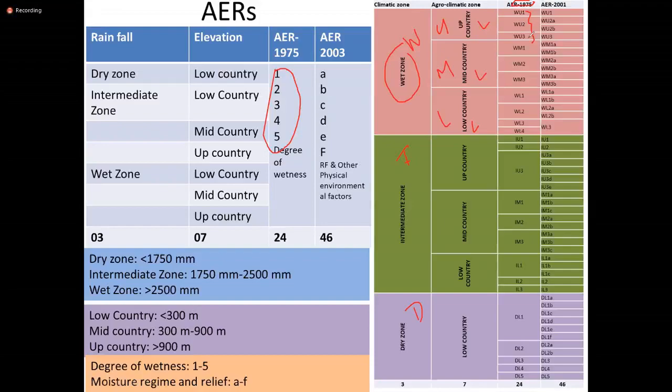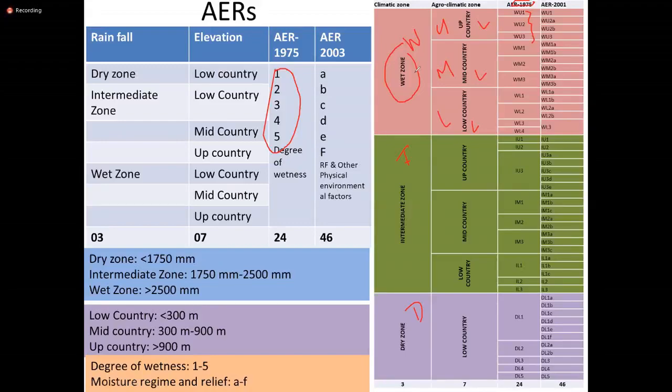WU2, and finally WU3, wet zone up country 3. So the area belonging to wet zone up country 1 has the highest degree of wetness compared to the area belonging to wet zone up country 3. So we can characterize somewhat, right? If you see only the wet zone, the area which receives greater than 2,500 millimeters annual rainfall is the wet zone.